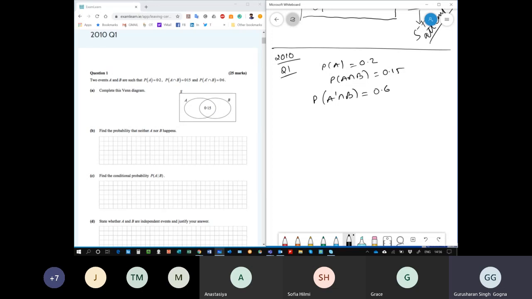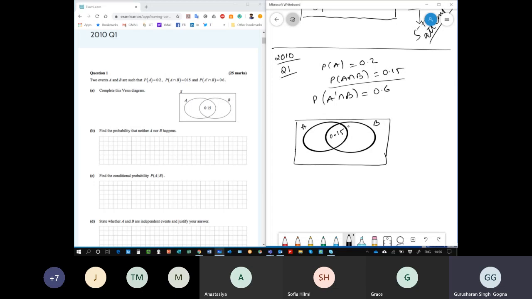You just have to complete the diagram first. So draw a rectangle, 2 circles. Let's say this is A, this is B. So A intersection B is 0.15, so that's there. Probability of A is 0.2.